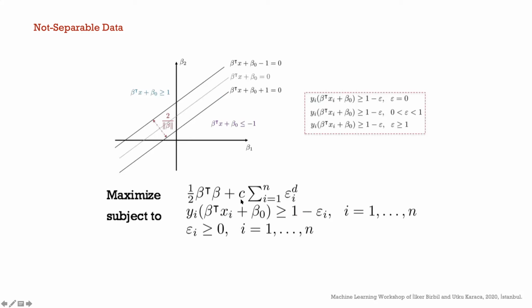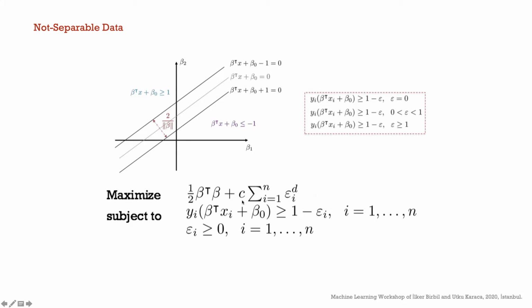And if you remember lasso, this C is behaving like lambda in there. So now we have this C in here, and if this C is really big, then our penalty is big, and it's going to force our epsilons to be zeros in here. And now we will just maximize this part, similar to the lasso or ridge regression.